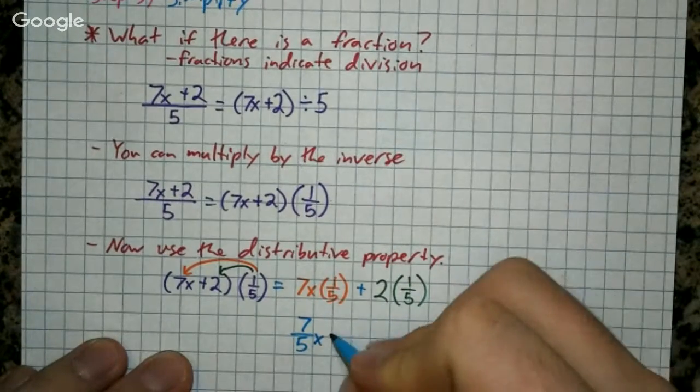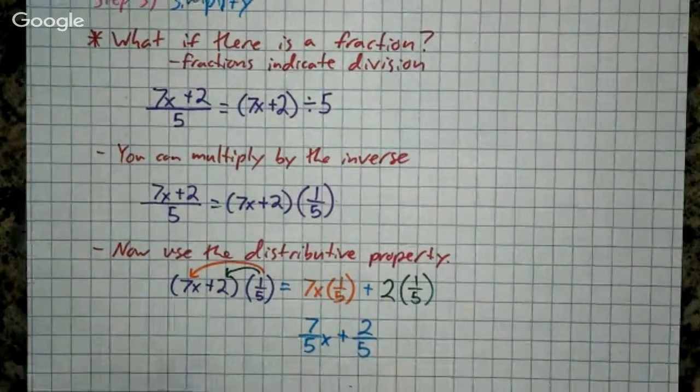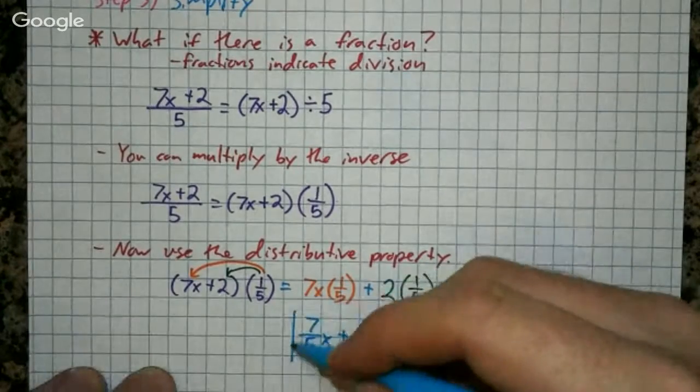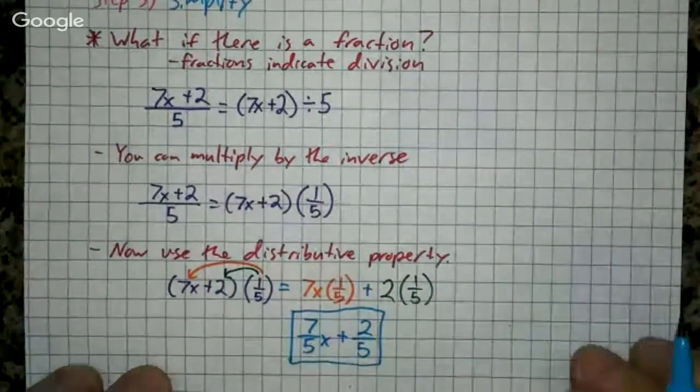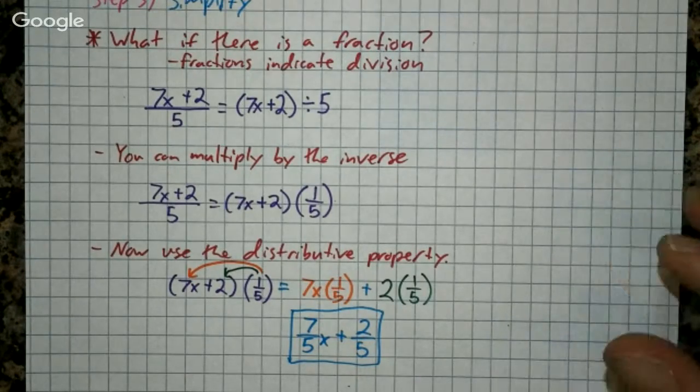Can't forget our x, plus 2 times 1 over 5 is going to be 2 over 5. We cannot simplify this any further because these are not like terms, and there we go. So now we've covered the simple way, we've covered if it looks different, now we've covered if there are fractions. Let's go into something else.